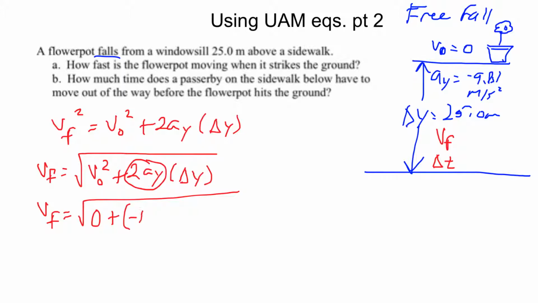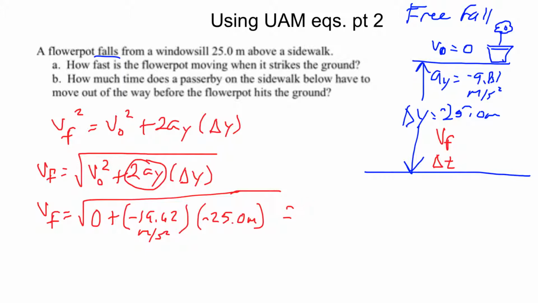That's going to be negative 19.62 meters per second squared times, since the flower pot is falling, we're going to have a displacement of negative 25 meters. Okay, so we can go ahead and put a little negative sign right there. Alright, so these 2 negative signs here and here will cancel out once we multiply those together. So let's do that and get our answer.